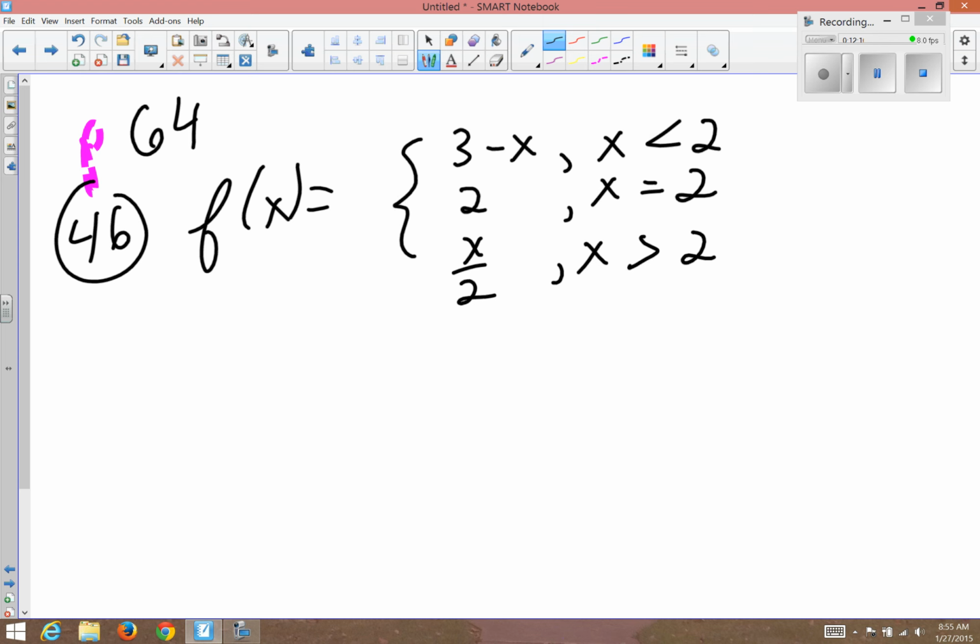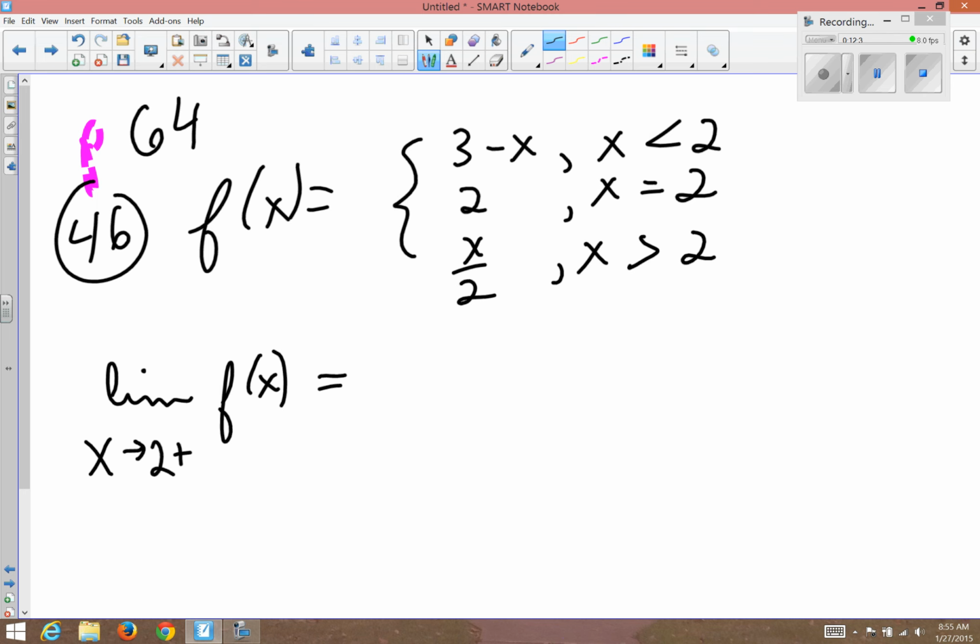The directions, which are on the bottom of page 63, we're just going to do part B. It says find the limit of this function as x approaches c from the right, where c is 2 in this exercise.